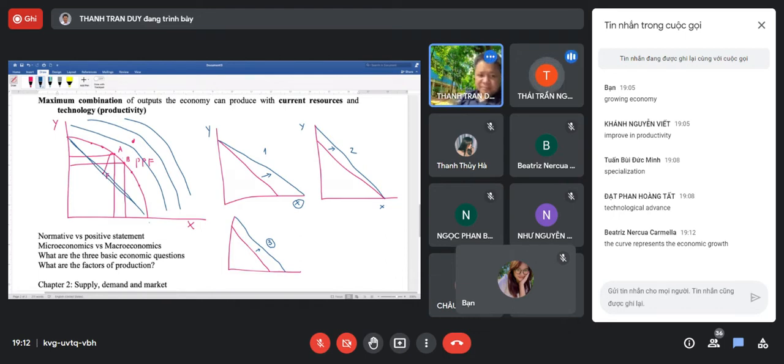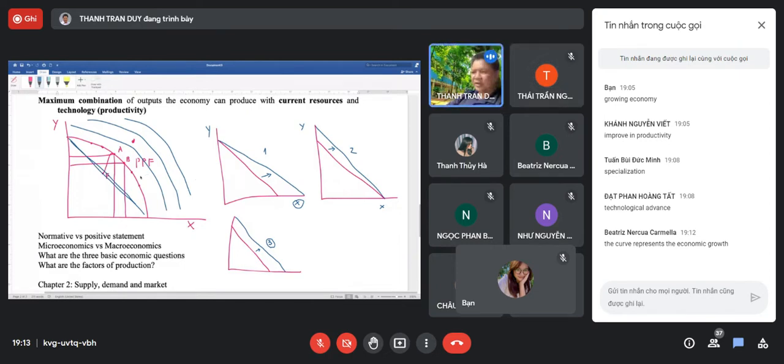The curve here is a bow shape. Google, and then you will see that one.